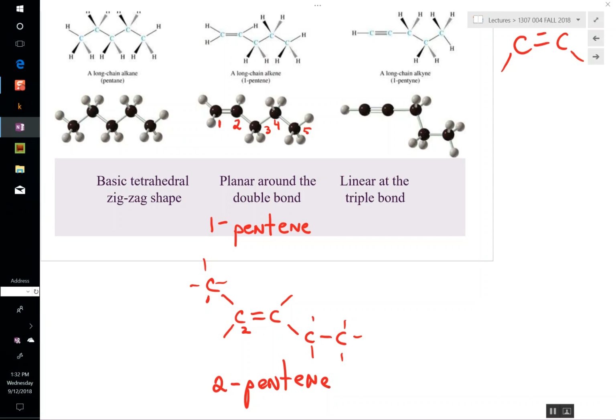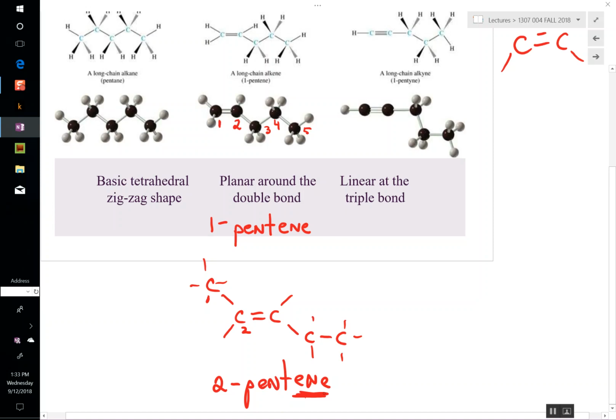Okay. And the other thing is, when you're seeing a prefix or a suffix in a parent name that is referring to the functional group, then we're not going to worry about substituents.